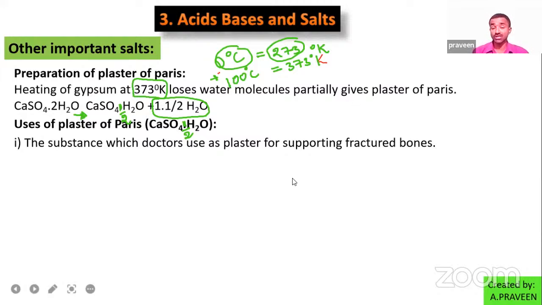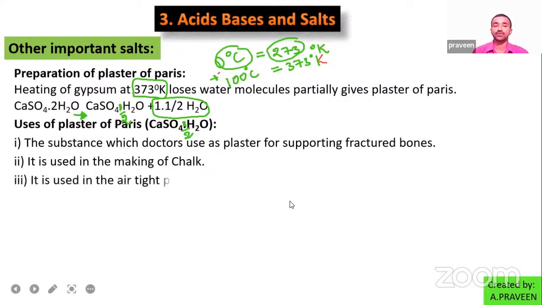Then it is used in making of chalk pieces. Also it is used as airtight packing, so in the packing sector they can use it.